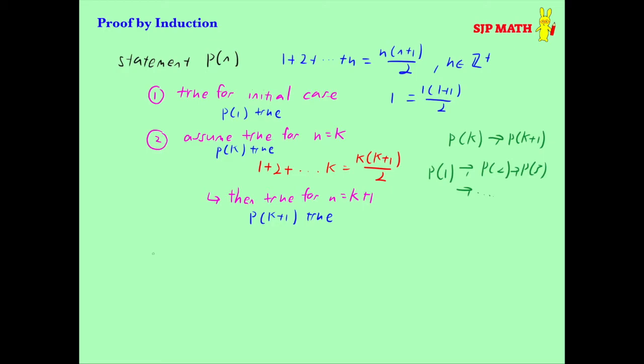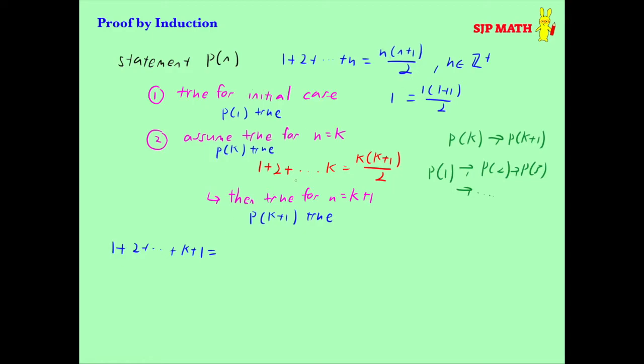What we want to show is that pk plus 1 is true, that the sum of all the natural numbers from 1 all the way up to k plus 1 is equal to k plus 1 times k plus 1 plus 1, which is k plus 2. So k plus 1 times k plus 2 divided by 2.